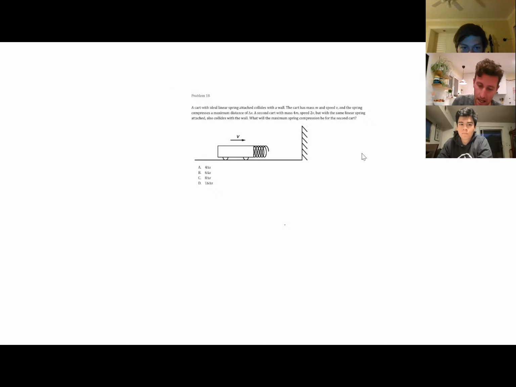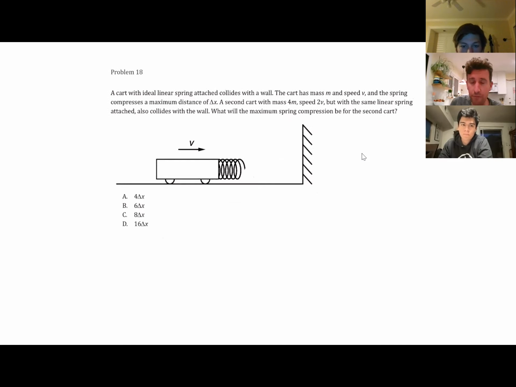Cool. 18. We'll see if we can bang through to number 20, and then probably call it good, maybe 21. A cart with an ideal linear spring attached collides with a wall. The cart has mass m and speed v, and the spring compresses a maximum distance of delta x.